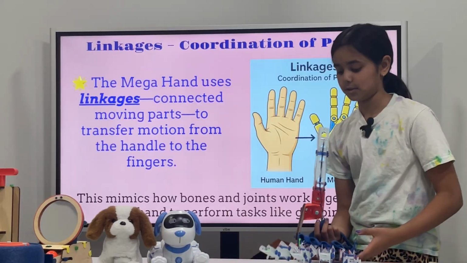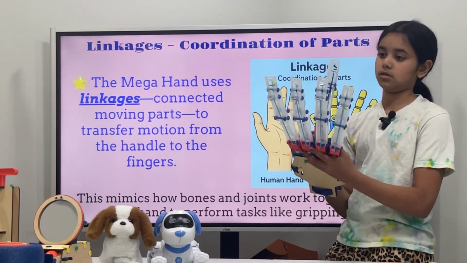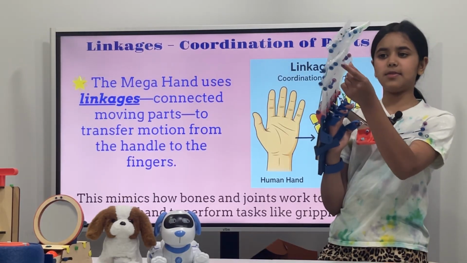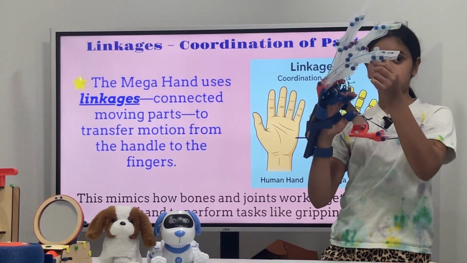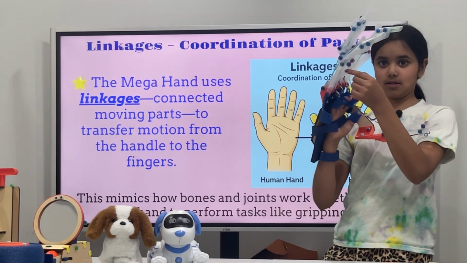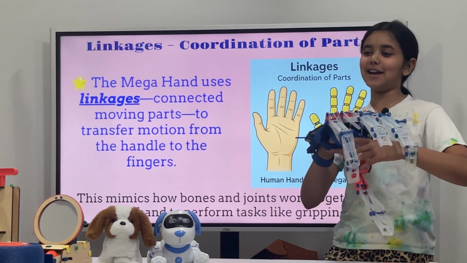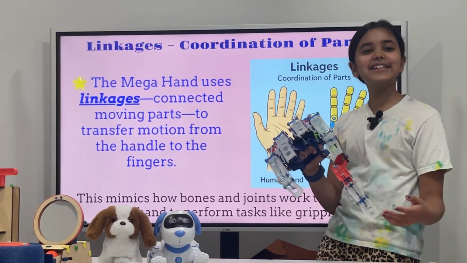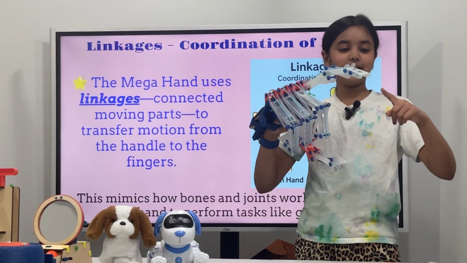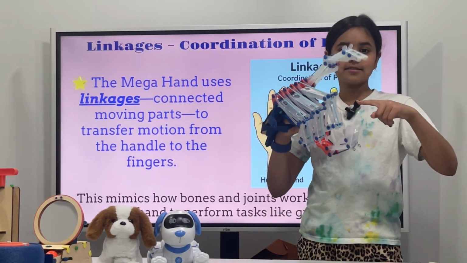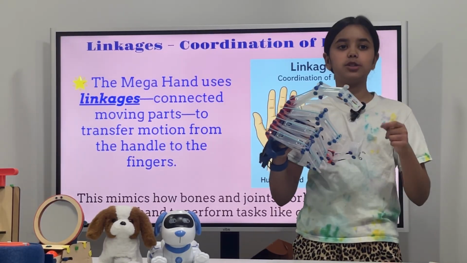So what is the bone there? I think I misplaced the linkages and the bones. These are actually your bones. Can you show your finger bones, in the human hand and the mimic hand? I can't open up my hand and show it, but I can show you where it is. Right here, deep inside is your bone.